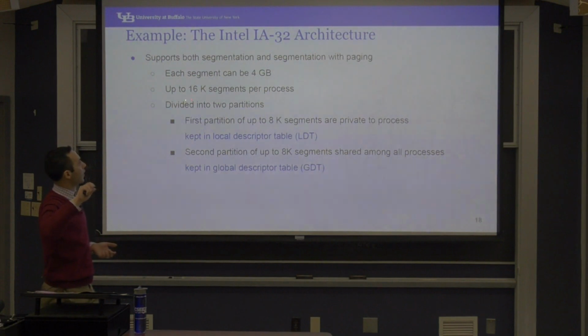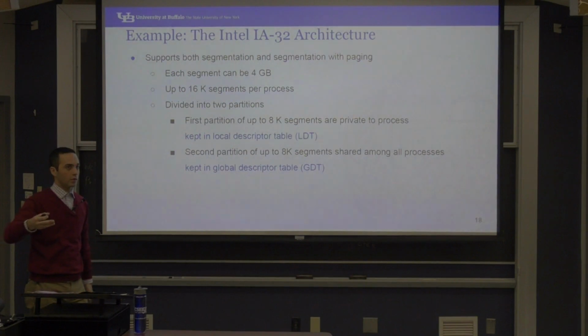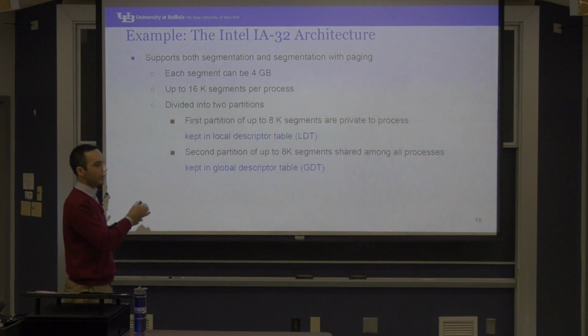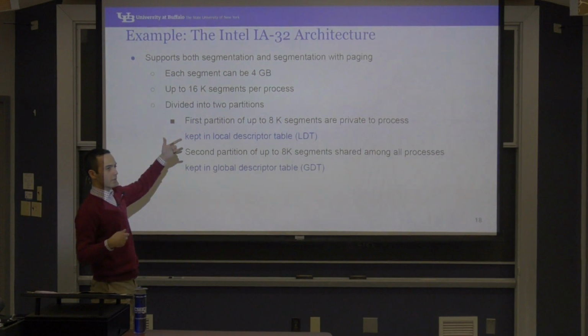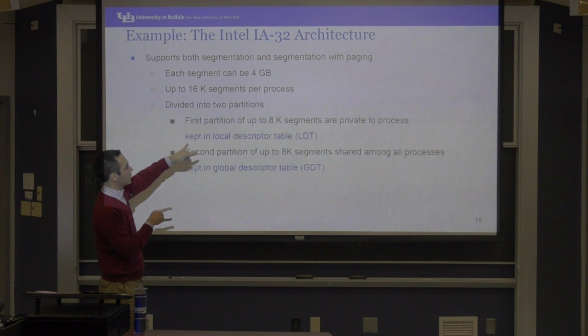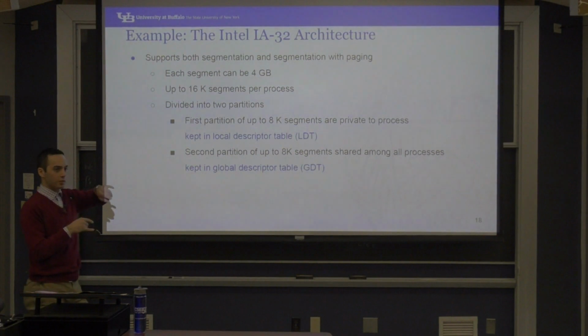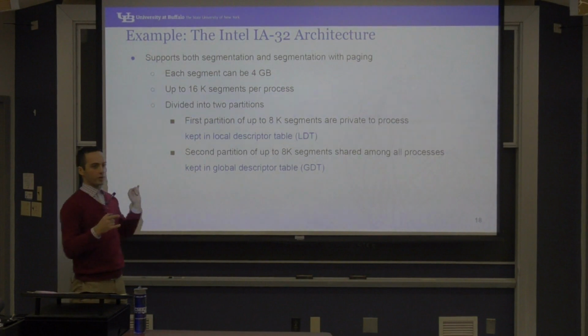But you can also have up to 16K segments for each process, so they can be very small segments. The segments themselves are separated into two: the 16,000 segments are divided into a local descriptor table, which holds segments specific to this process, and a global descriptor table, which can be shared among all processes.